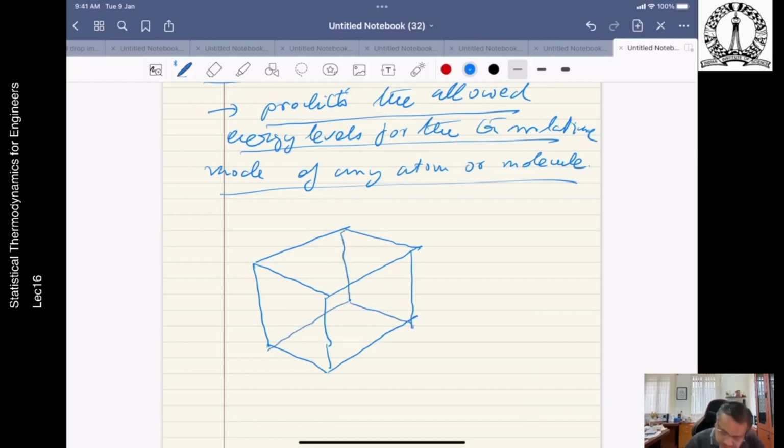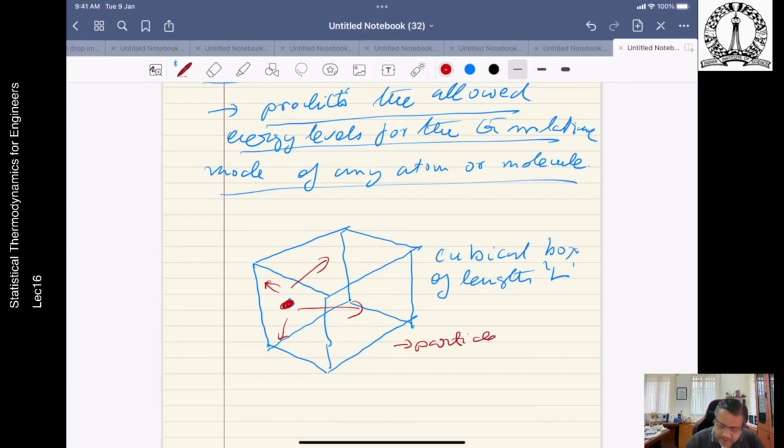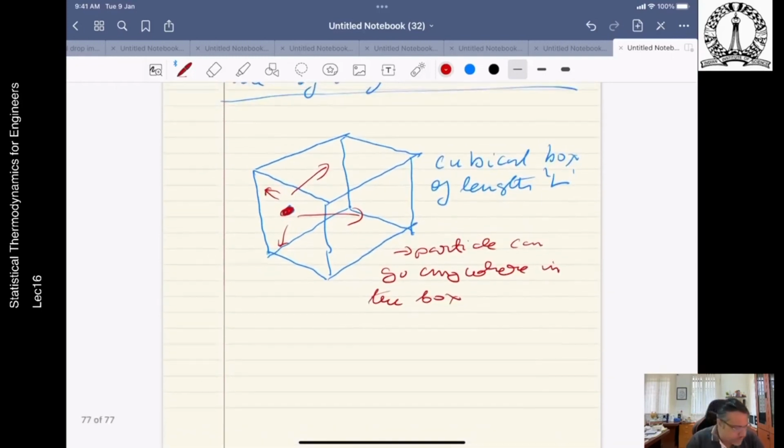This is a cubical box of length L. If this is the particle, it can go anywhere in the box, anywhere within this space. The particle can go anywhere in the box. There is no restriction on where it can go.